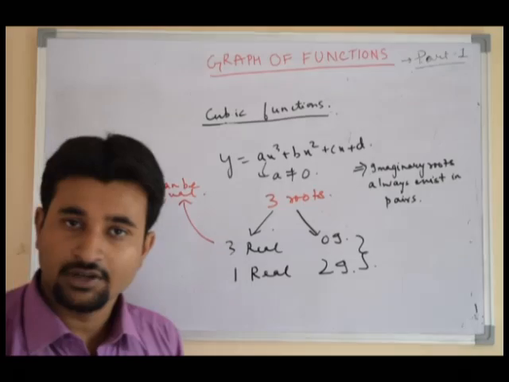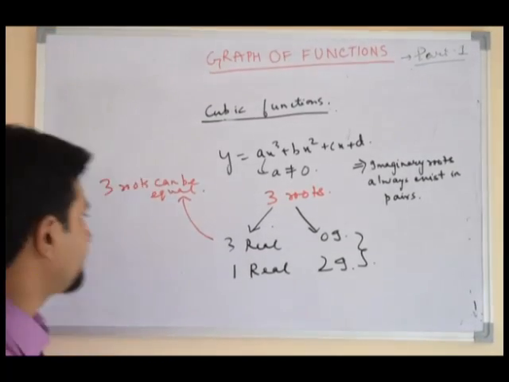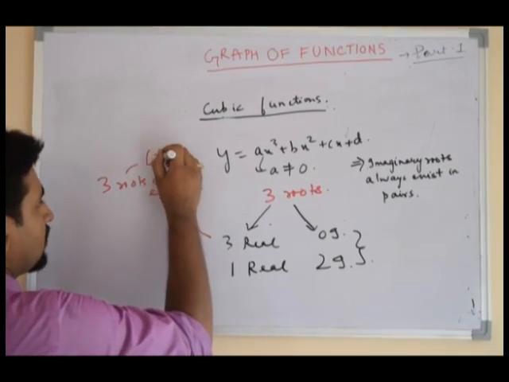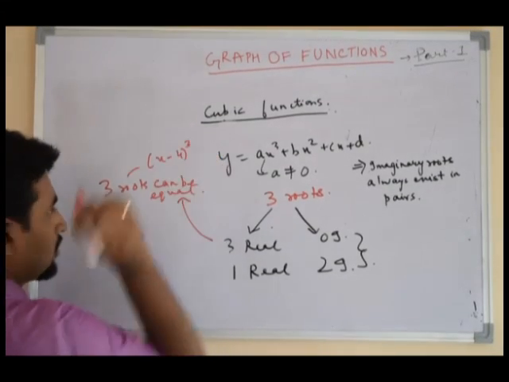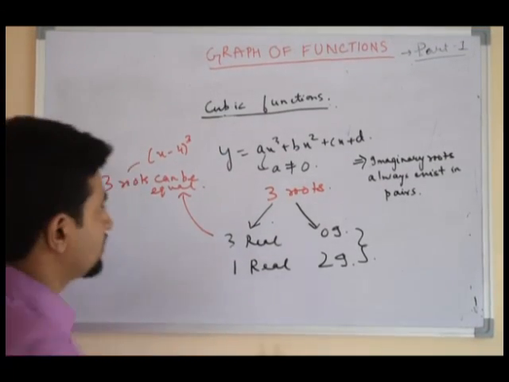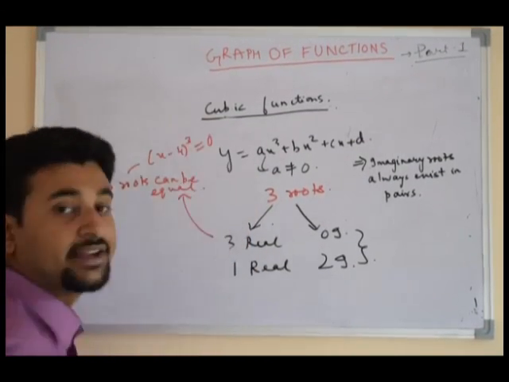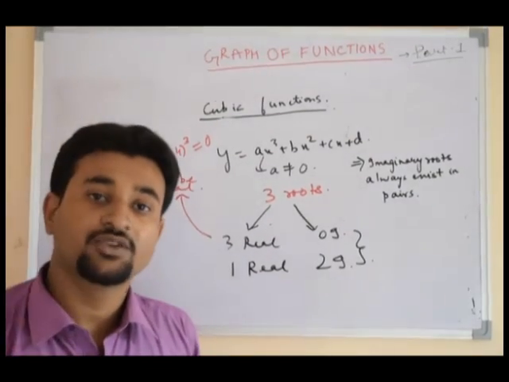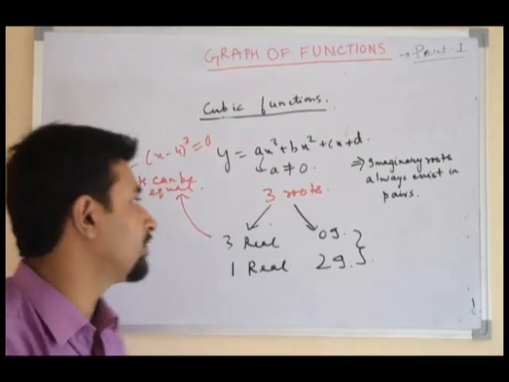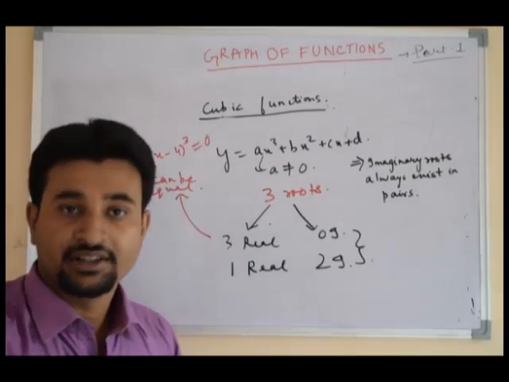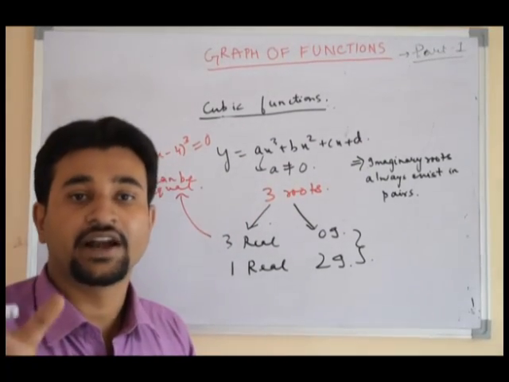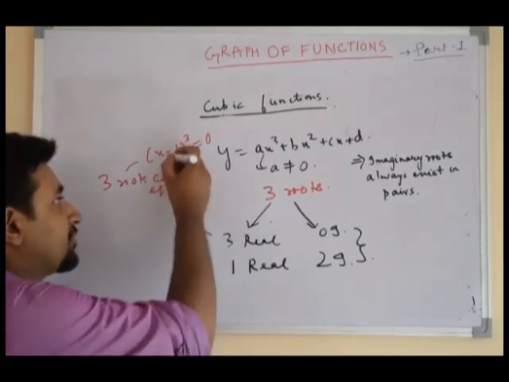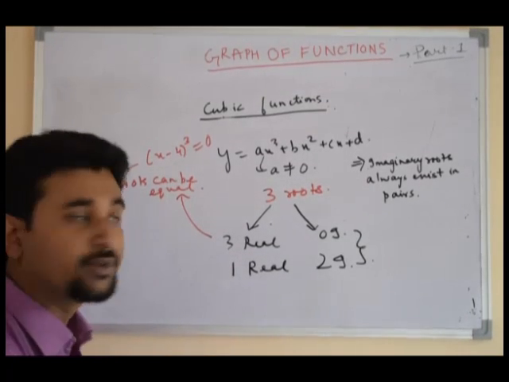Three roots can be equal. Okay, for example, this equation, suppose if you equate it to 0. Okay, and first of all we always find roots for equation. When you put y equal to some constant, then only you will be able to find the roots. Okay, so suppose x minus 4 whole cube is equal to 0.